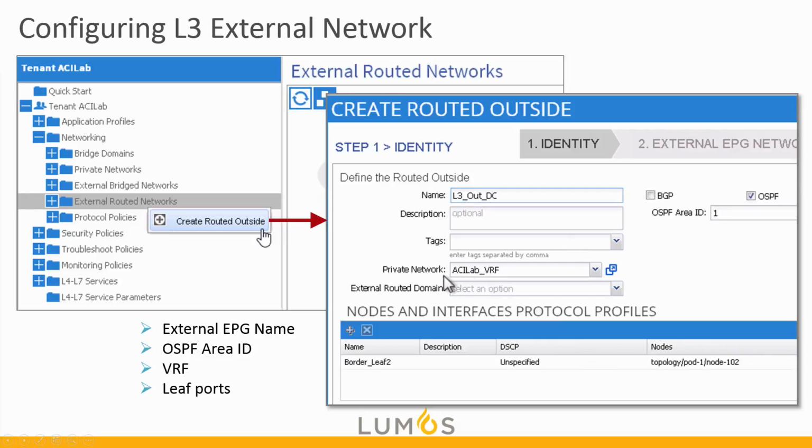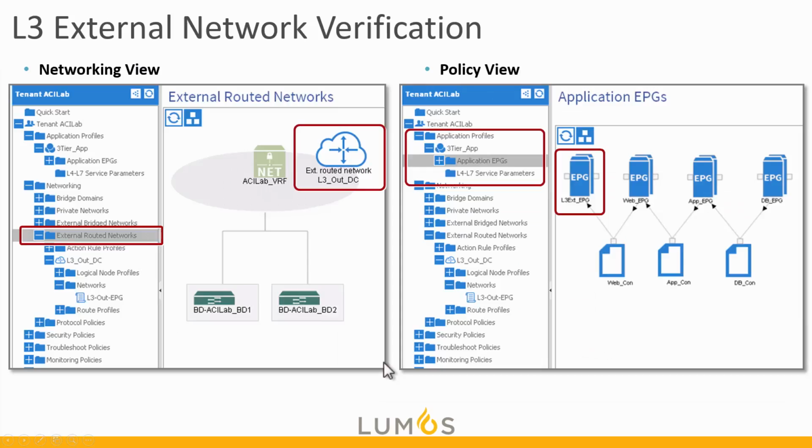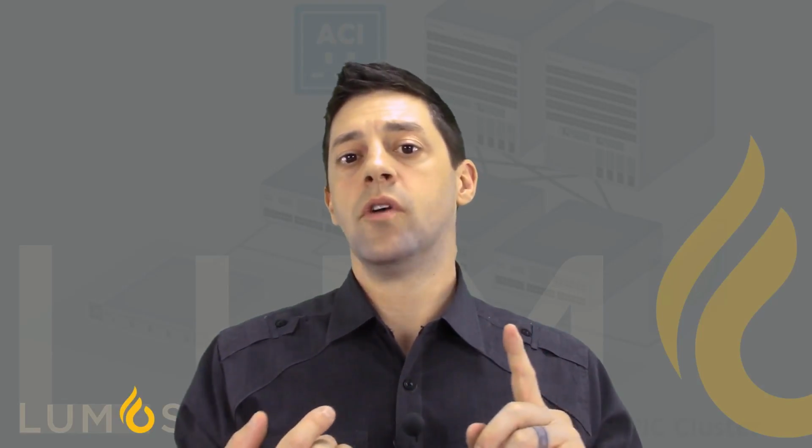And then we'll create what are called node profiles and interface profiles. So a node profile is the leaf switch. And then, of course, our interface profile is under the logical node profile. That's our leaf. And then as a subset of that, we create the interface profile, which is the actual VPC or just regular port channel, typically for layer 2 with SVI peering, or our routed interface, or our routed sub-interface.